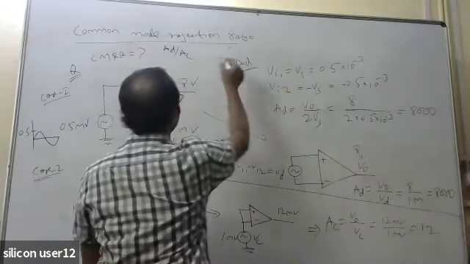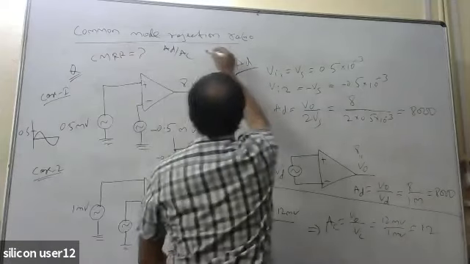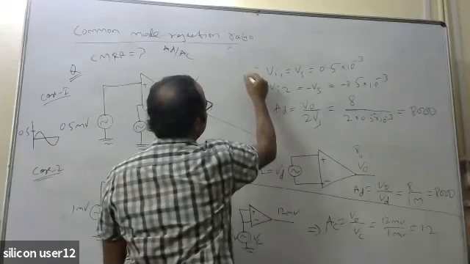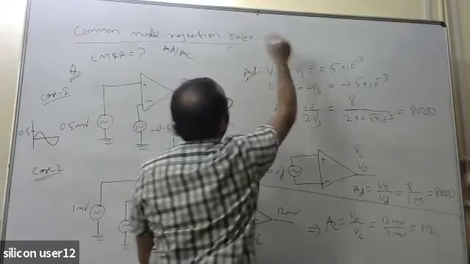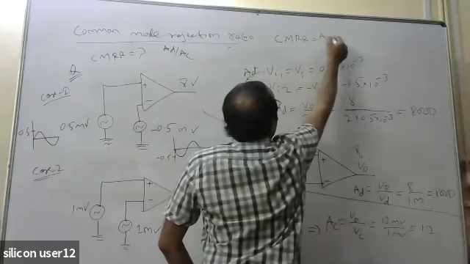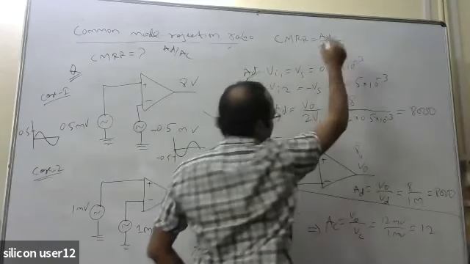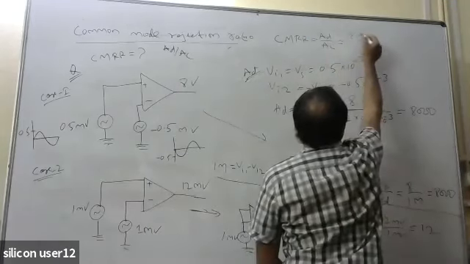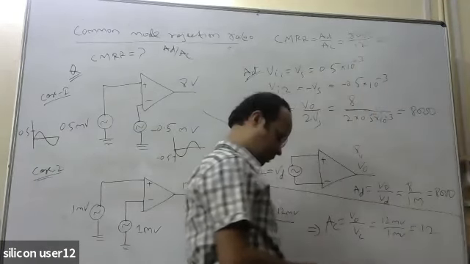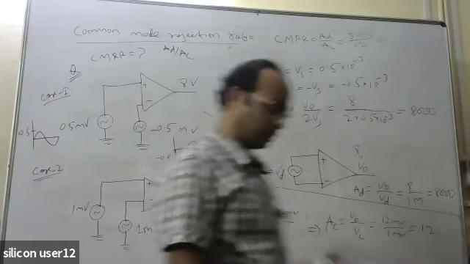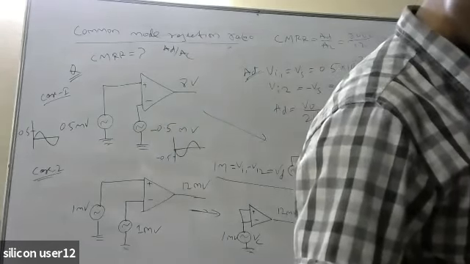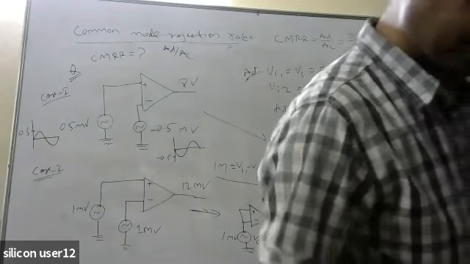CMRR equal to AD by AC, equal to 8000 by 12. So the value is 666.7.